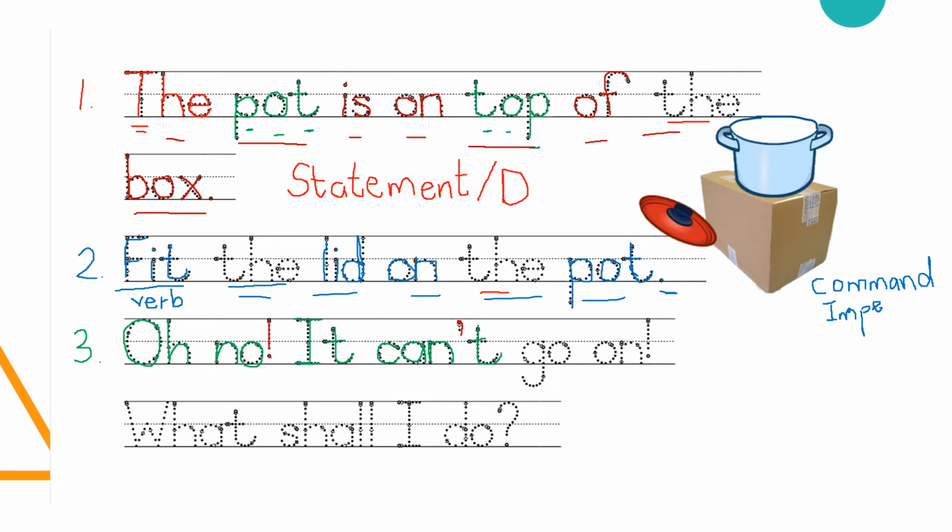And then the next letter is like the A. We've practiced this a lot, like I told you. You go up to the top and down. Go on. Oh no, it can't go on.